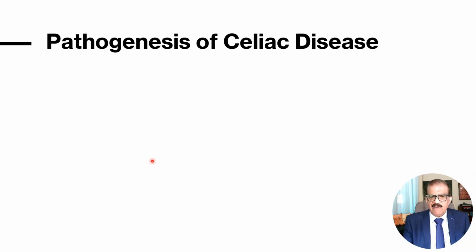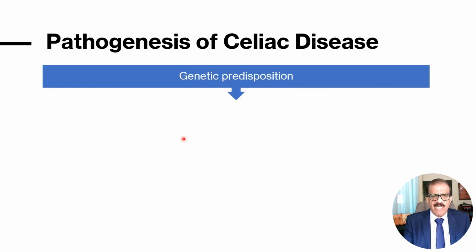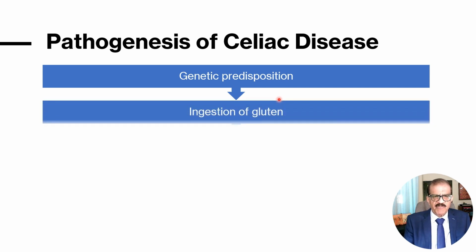This slide will give you the pathogenesis. First of all, as I said, it has some genetic predisposition. Certain HLA antigens are more commonly seen in people with celiac disease. And then ingestion of gluten is essential. Gluten is almost universally taken because it comes from wheat.